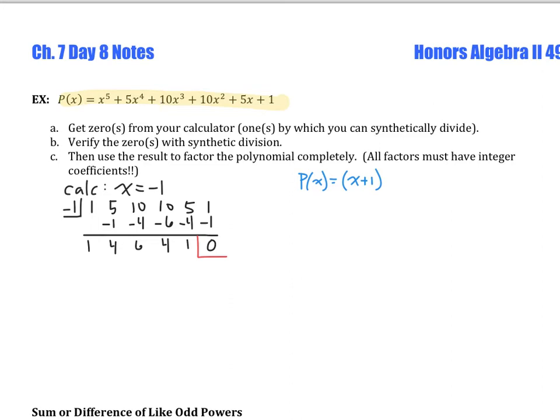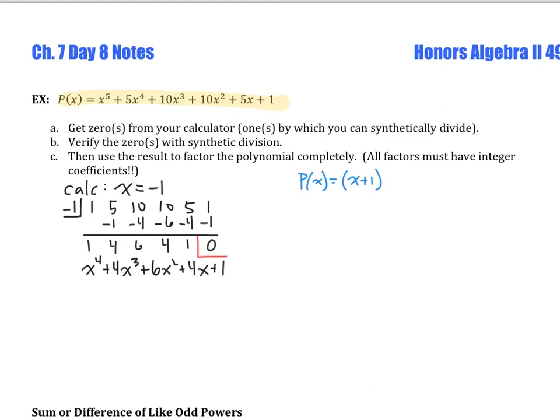Okay, so now if we take a look, where does that put us? That puts us at x to the 4th plus 4x cubed plus 6x squared plus 4x plus 1. We can't factor this by hand, so we need to go to our calculator and see if we can find another 0.